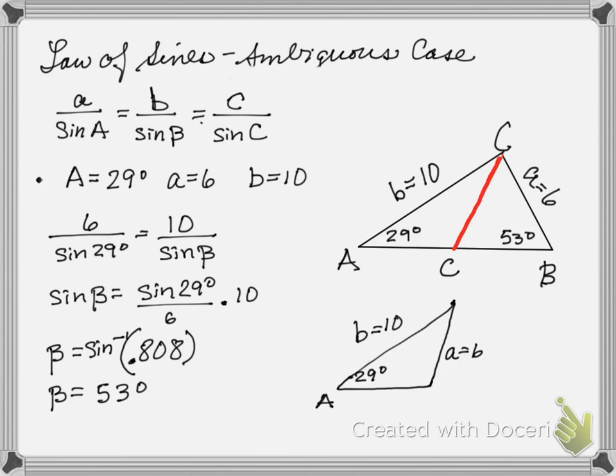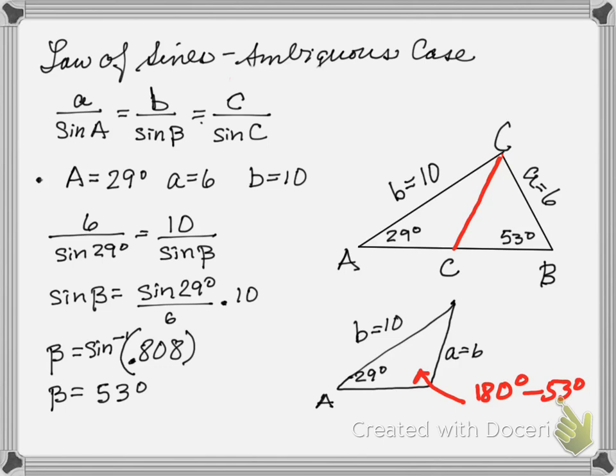Now, remember back here where, down in the bottom left, I got B is equal to 53 degrees, the other possibility, the ambiguous case, because ambiguous means we're not sure, it's one or the other. The ambiguous case, the angle in this other possible triangle here is going to be 180 degrees minus this first angle that we found, 180 minus 53 degrees.